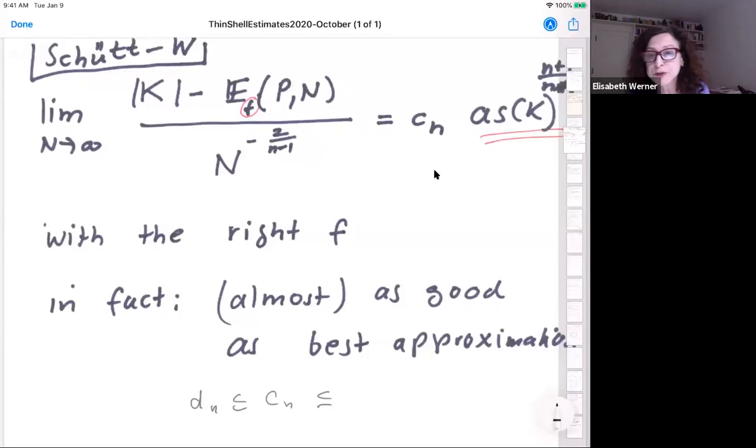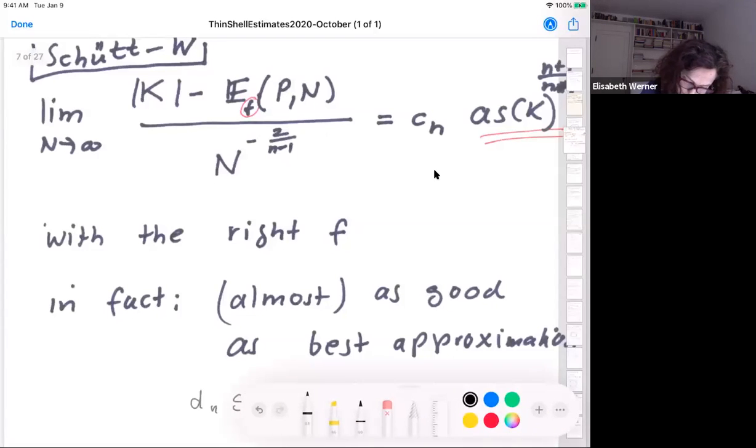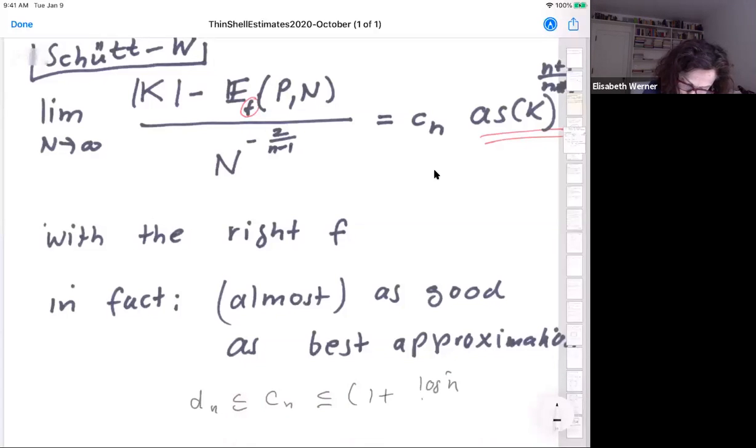But actually, surprisingly, not by much, only by a factor of 1 plus log n over n times d_n.